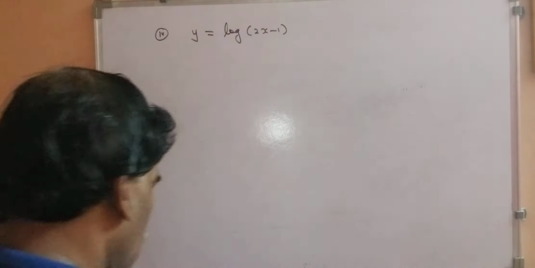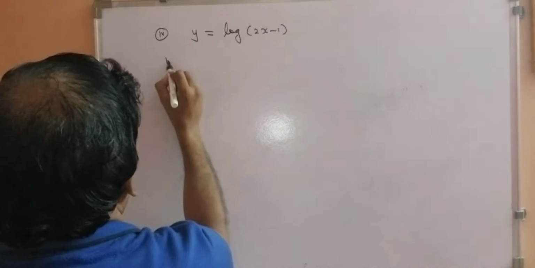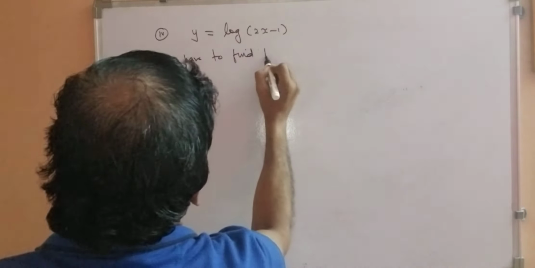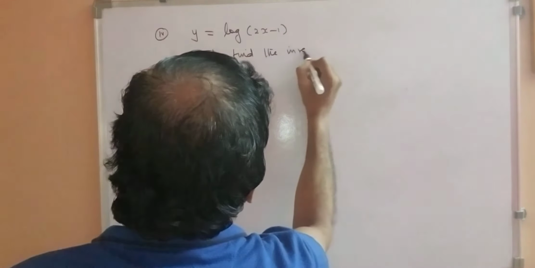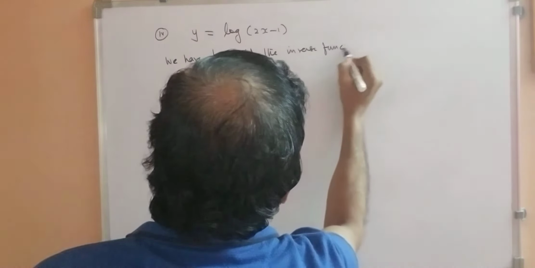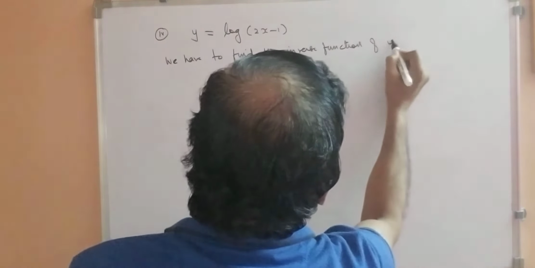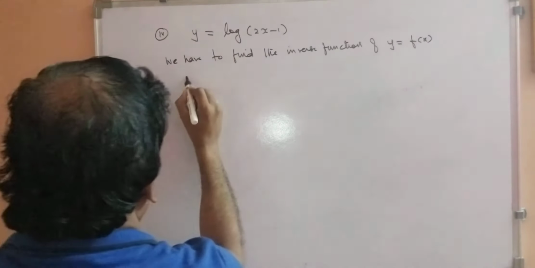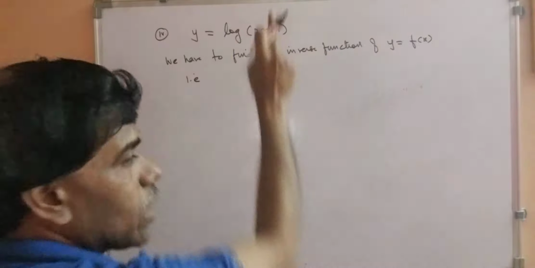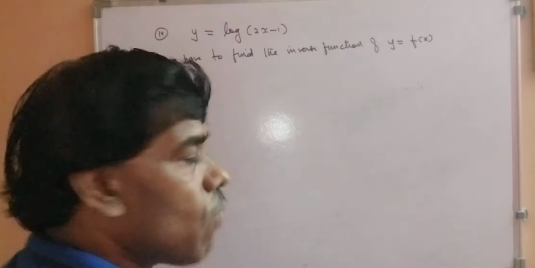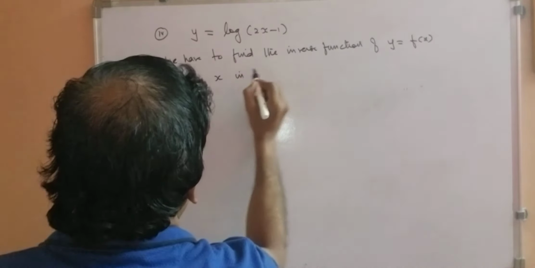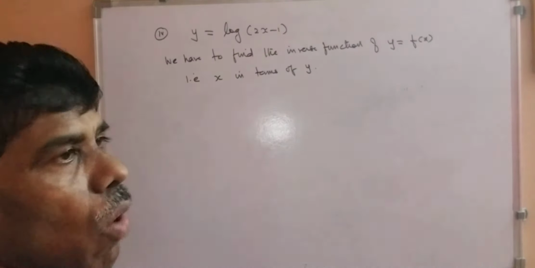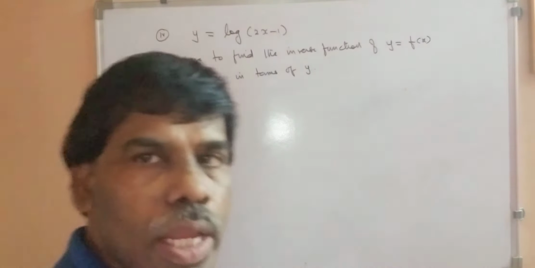As I told you, we have to find out the inverse function of y equal to f of x. That is, we want to write this as x in terms of y. Now how to convert it, that is very important.